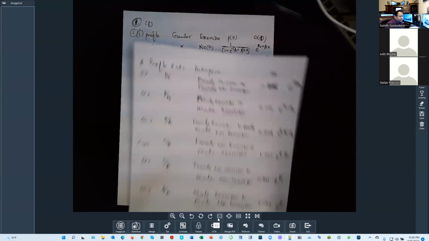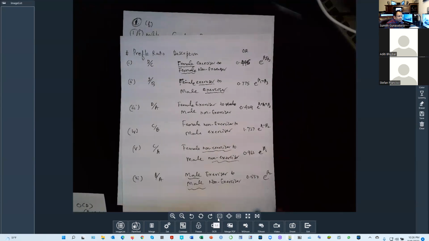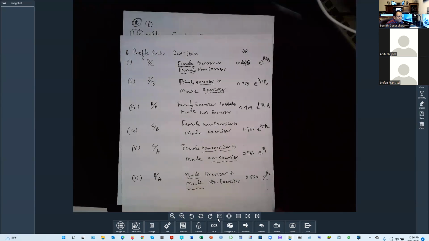You can remember 0.44. 0.4446 female exerciser to non-exerciser, male exerciser to non-exerciser 0.554. Look and see something here. Look at this one and this one.